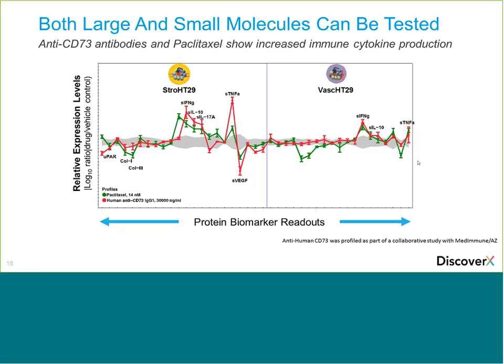So here we have two different molecules that have been overlaid. In green, we are looking at paclitaxel, and in red, we are looking at anti-CD73, an antibody that was tested in a collaborative study between MedImmune, AstraZeneca, and DiscoverX. Let's focus on the red line initially, which is the anti-CD73 antibody from MedImmune, AstraZeneca.